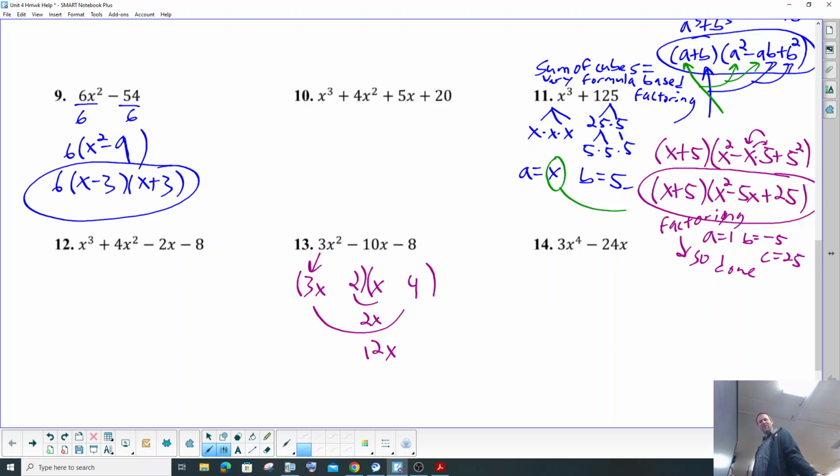Whoa, I guessed it right the first time. That was so lucky. Because a negative 12 with a positive 2 is going to equal negative 10x. We did it. We might have had to switch the 2 and the 4 around to get it to work, if I hadn't been so lucky that first time.